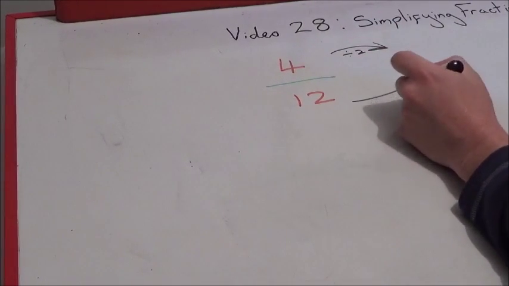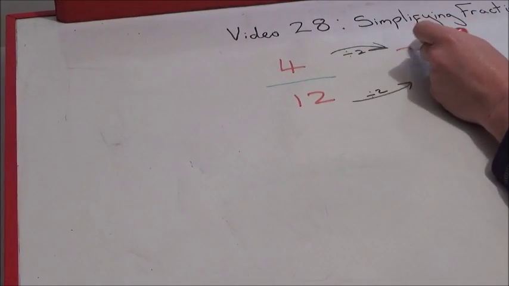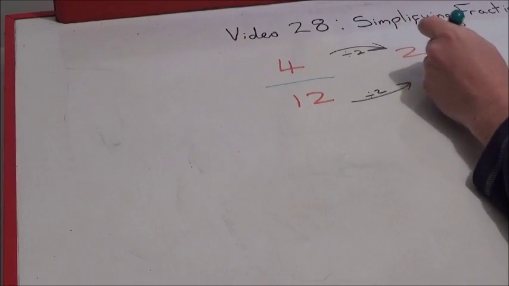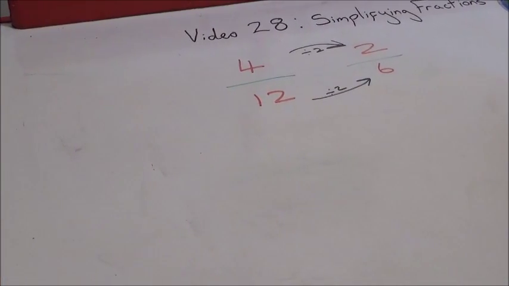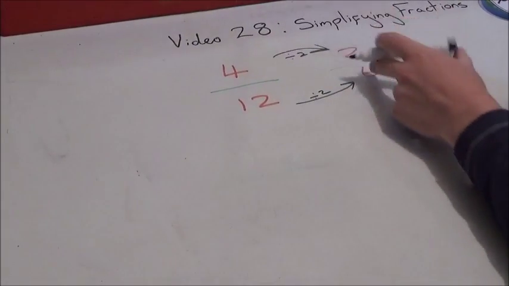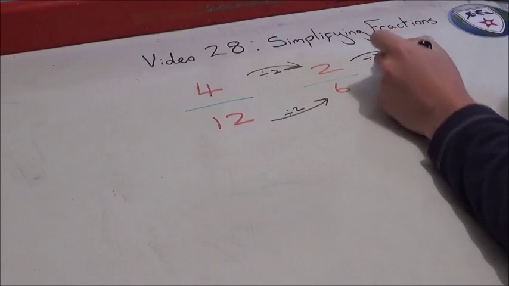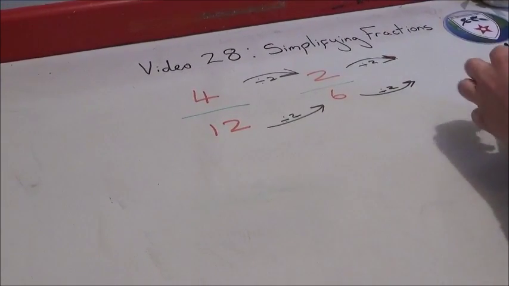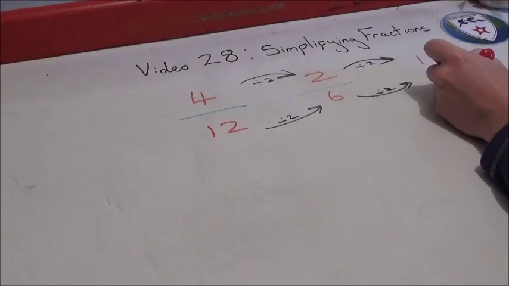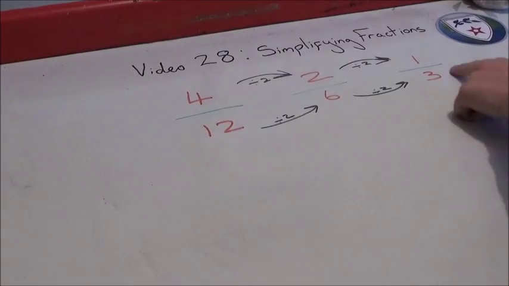Divided by 2, which will give me 2/6, and then again that is an equivalent fraction, both even numbers. I could do exactly the same thing again, which is going to give me 1/3. So our simplest form is 1/3.